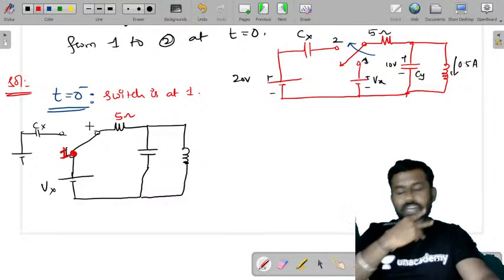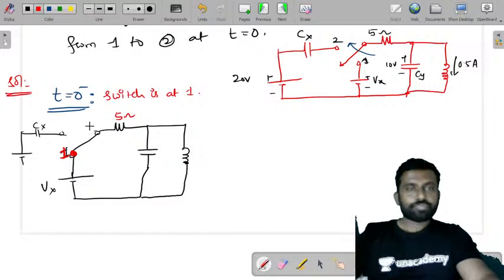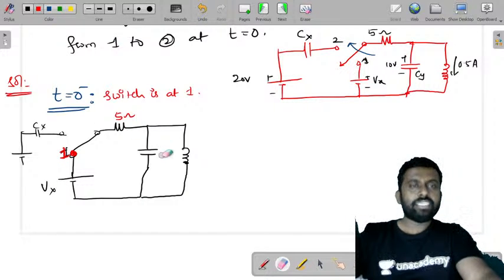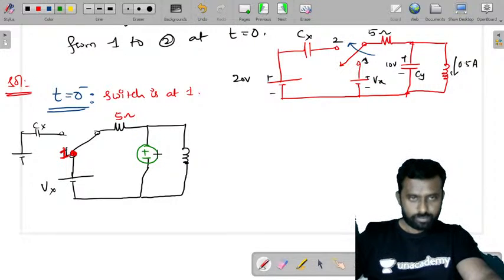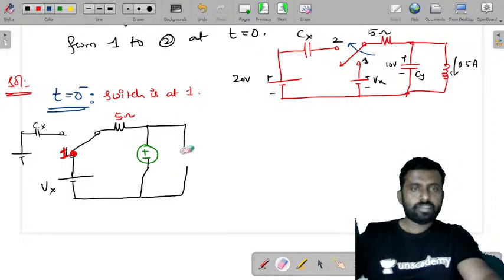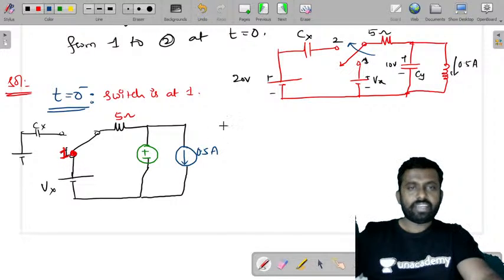When it is connected for a very long time, it starts behaving as a voltage source, and the inductor will start behaving as a current source of 0.5 amperes, and the capacitor as a voltage source of value 10 volts because it is charged.